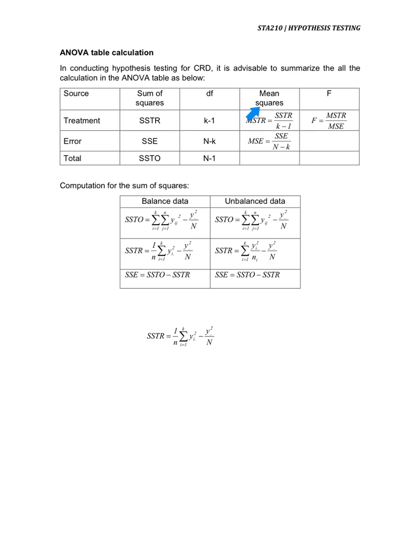Then we have column number 4, which is mean squares. First one is mean square for the treatment, denoted by MSTR. MSTR is equivalent to SSTR divided by K minus 1, or the degrees of freedom column.